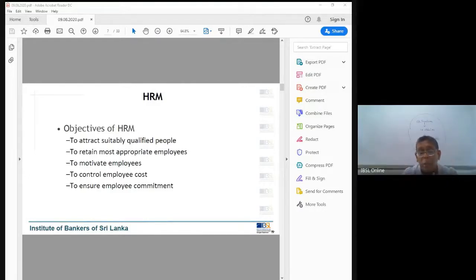If you join a union, the management and HR must have a better relationship with the unions, deciding your salary and your benefits. That is the HR manager's job. So these are collectively called HR functions.